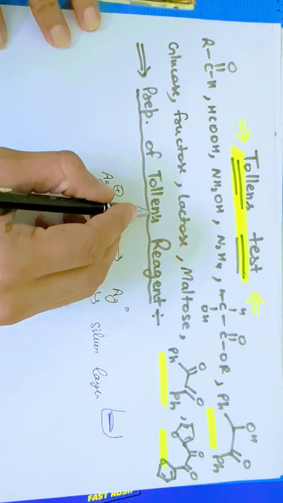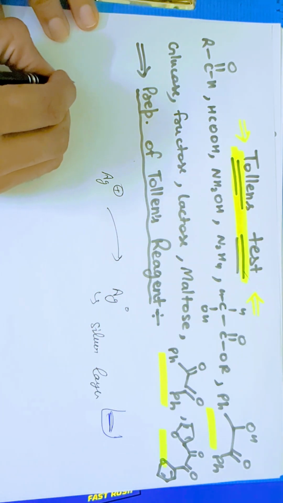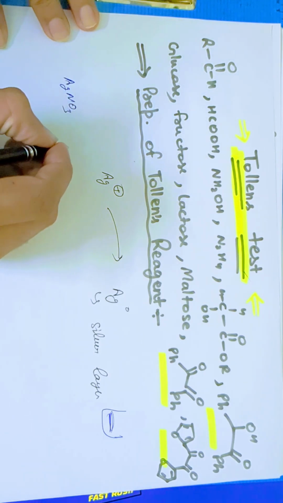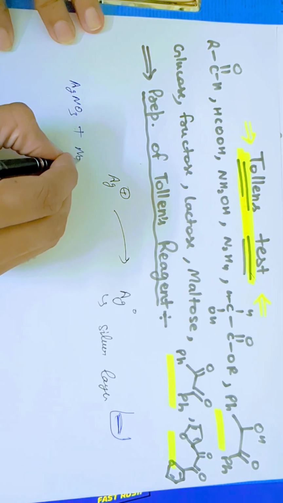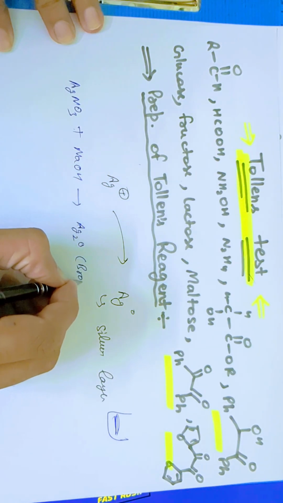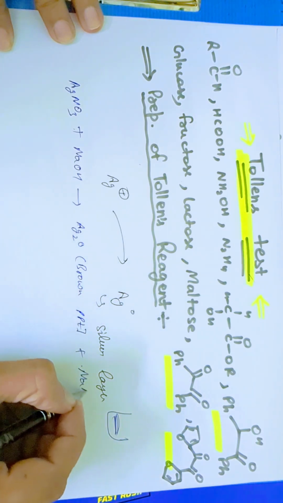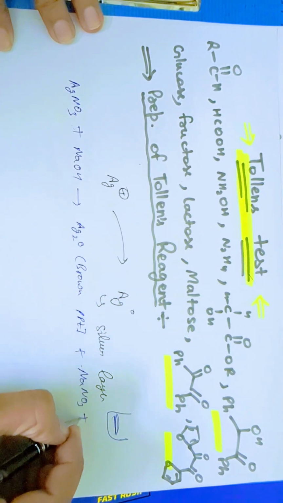Now let's see first the preparation of Tollens reagent. We have to use silver nitrate with sodium hydroxide, which gives us Ag2O, a brown precipitate, plus NaNO3, sodium nitrate, plus H2O.